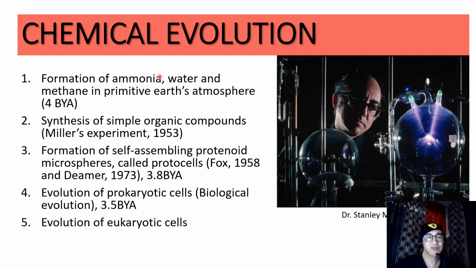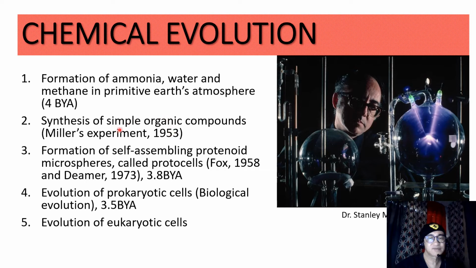The first is the formation of simple molecules in the primitive Earth's atmosphere, like ammonia, water, and methane, because of the combination of elements or atoms by the energy-rich atmosphere, because of a lot of atmospheric events such as lightning, UV radiation, and heat, followed by the synthesis of simple organic compounds.